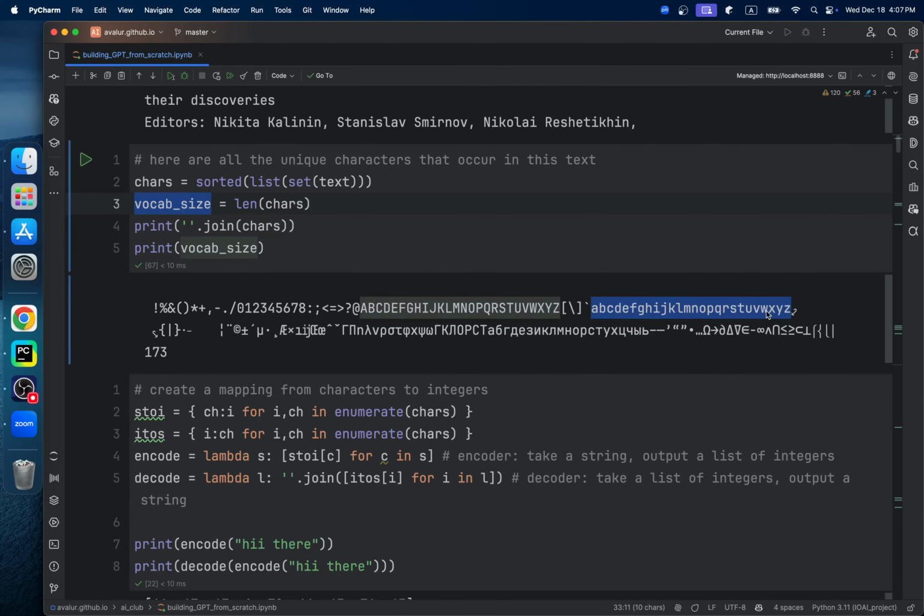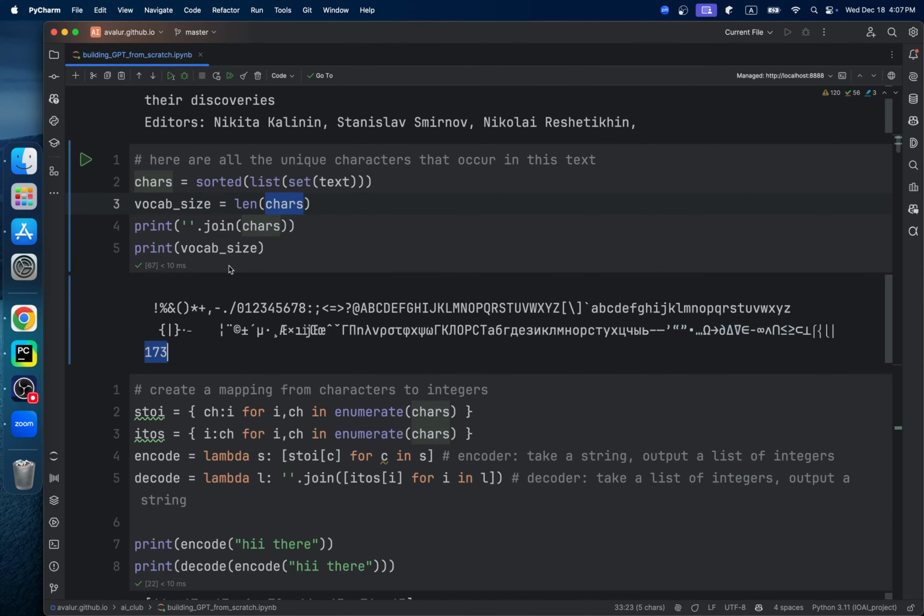Here are lowercase characters, and then some special signs, some strange signs, Russian and Greek letters also. You see some mathematical signs here, because it is input txt format, so we simply join all the unique characters from the text.